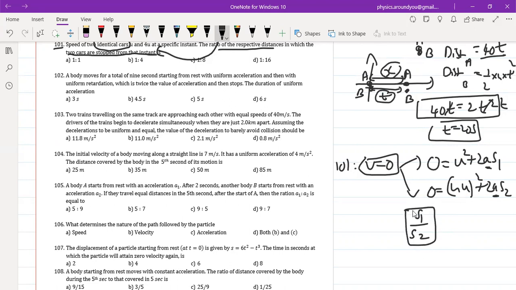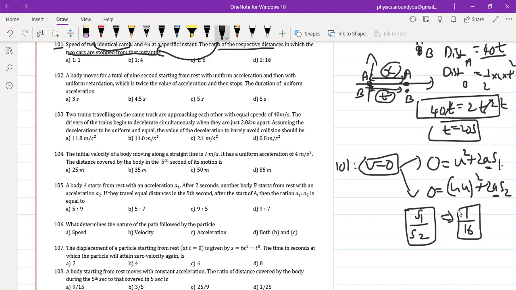Solve for S1 from this equation, solve for S2 from this equation. When you divide them, you can see that 4 square comes into the picture. So it should be 1 is to 16. Stopping distances are in the ratio of 1 is to 16.